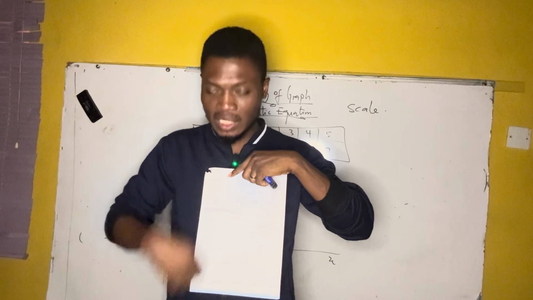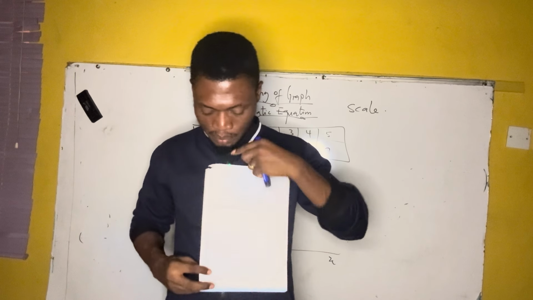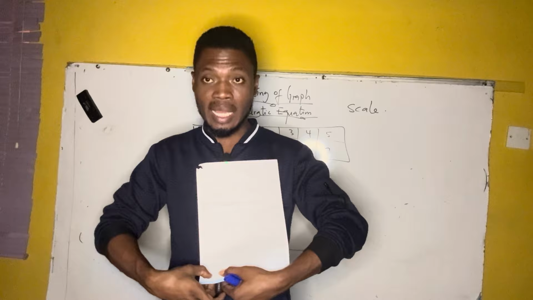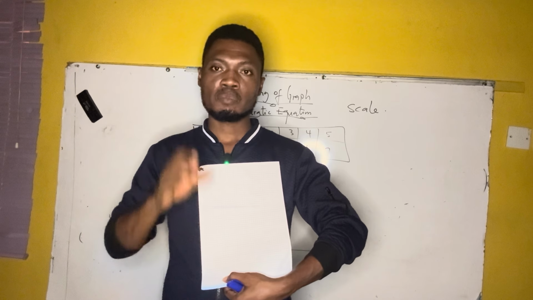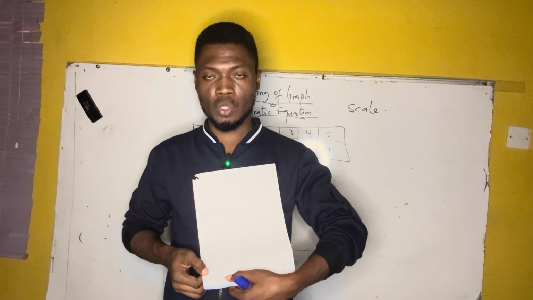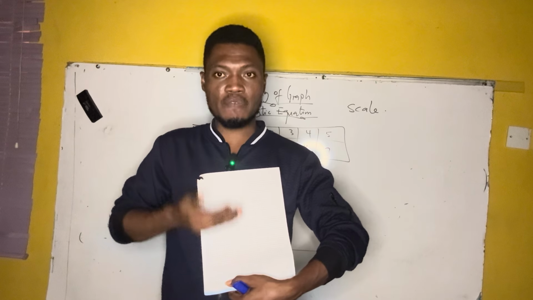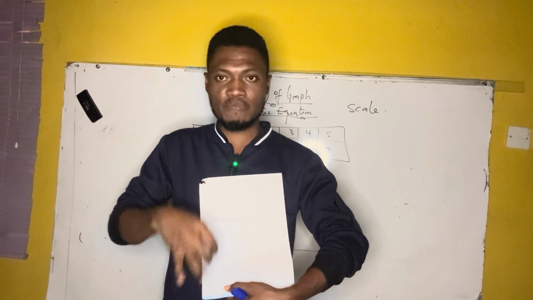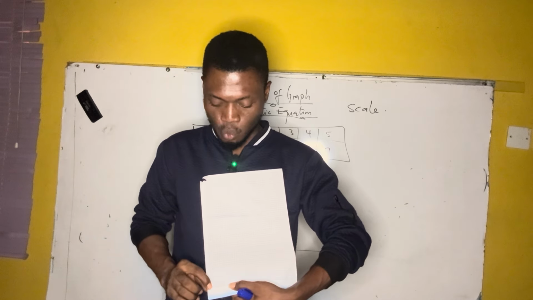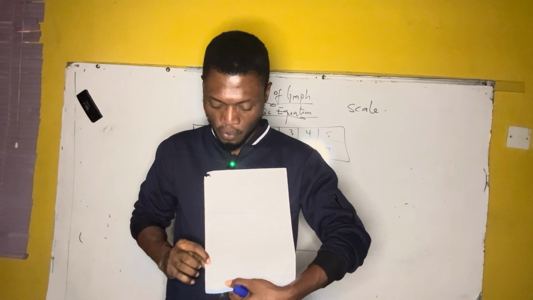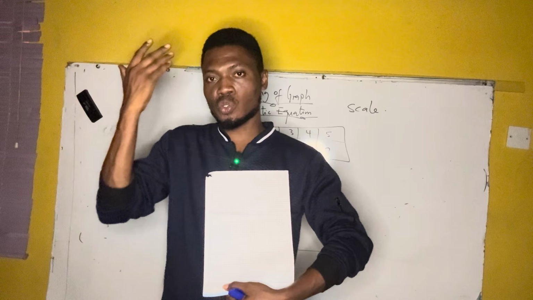Between this thick line and the next thick line is 5 boxes. So you have 5 boxes between one thick line and the other, 1, 2, 3, 4, 5. Then you have another thick line, and so on like that.